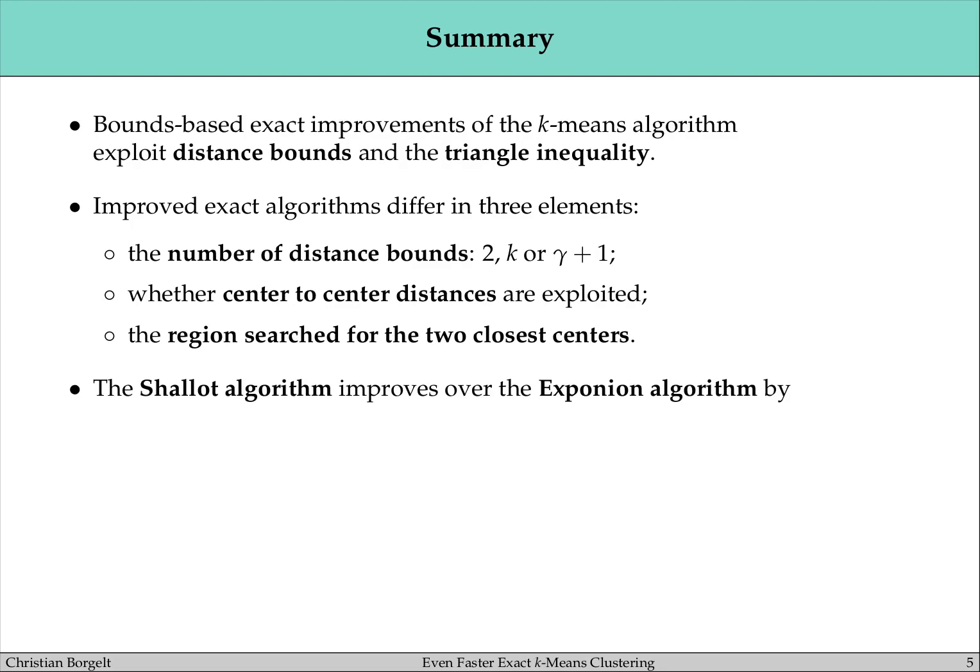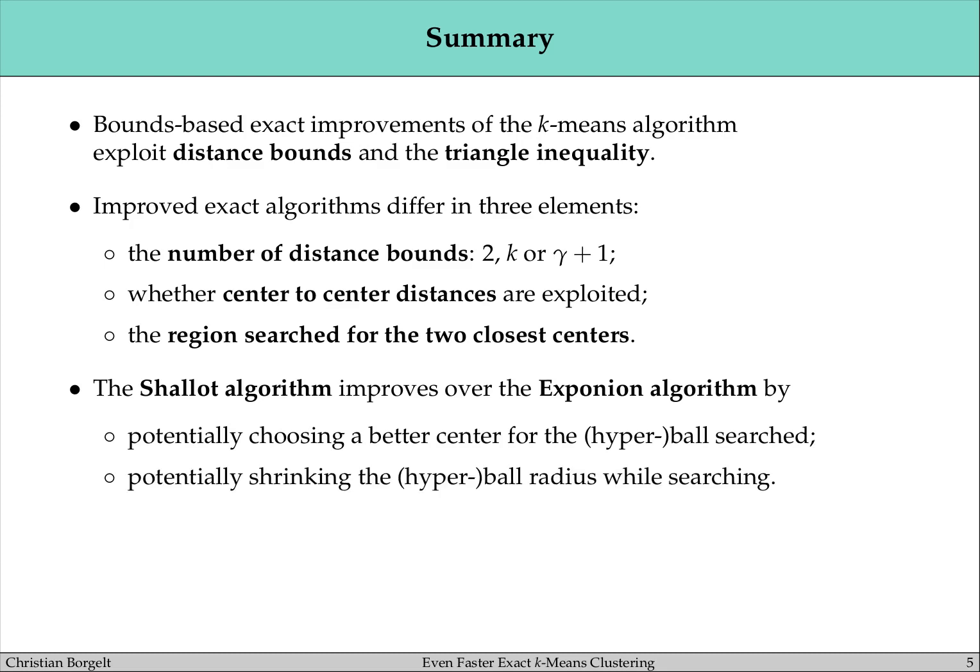It also searches a hyperball around the previously closest center for the 2 currently closest centers. However, it may choose a better center for this hyperball by maintaining knowledge of which center was the second closest in the previous recomputation, and it may shrink the hyperball radius while searching for the 2 closest centers.